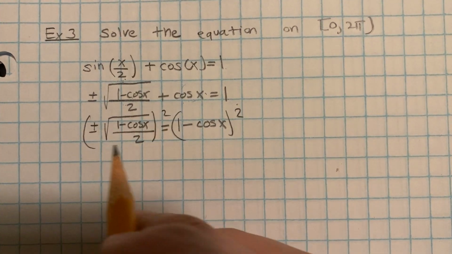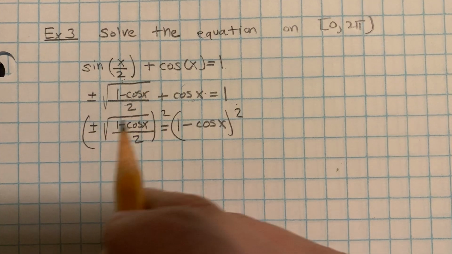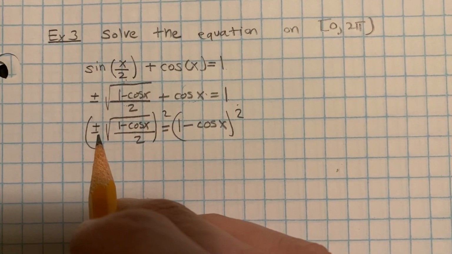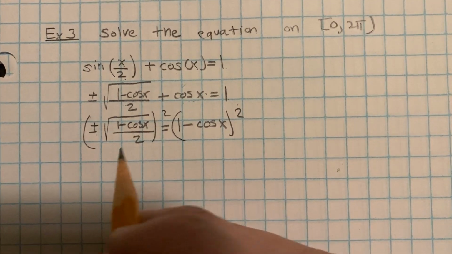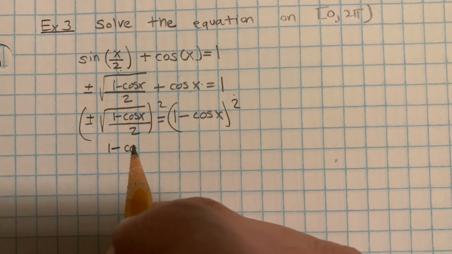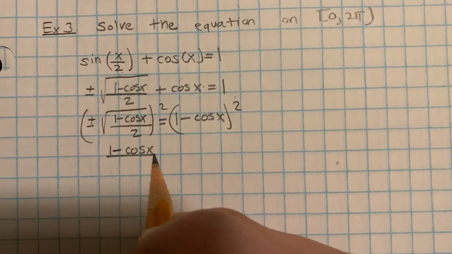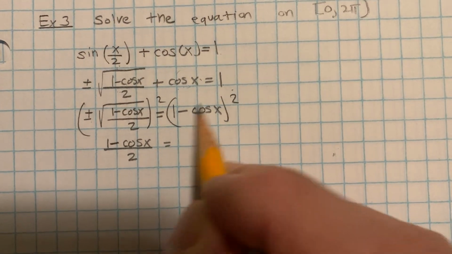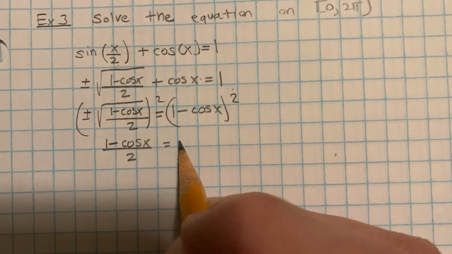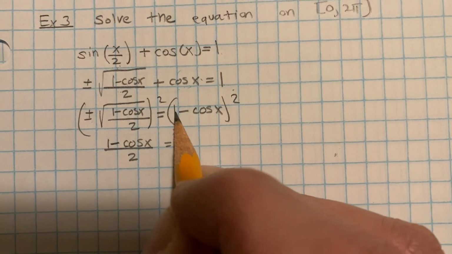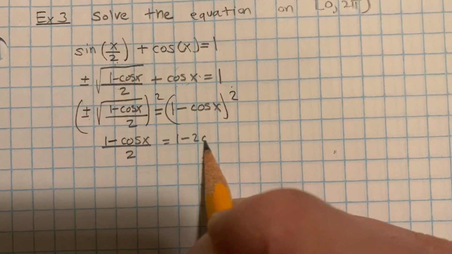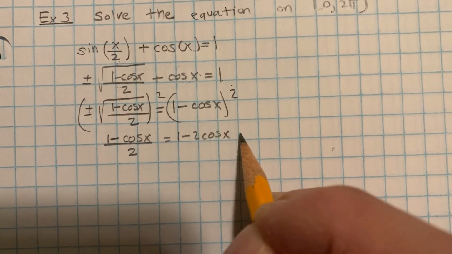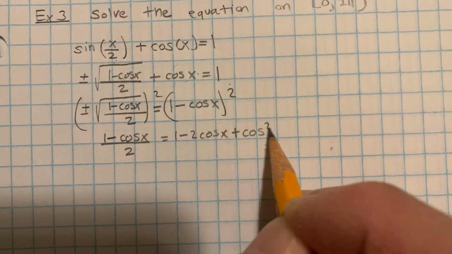If I square, it's going to get rid of the radical. If I square a negative number, it's going to be positive, so I don't have to worry about plus or minus. I end up with something nice and clean. And this one right here, you have to know how to FOIL. Square the first term, then this term times this term times 2, minus 2 cosine of x, and then you square the last term, plus cosine squared x.